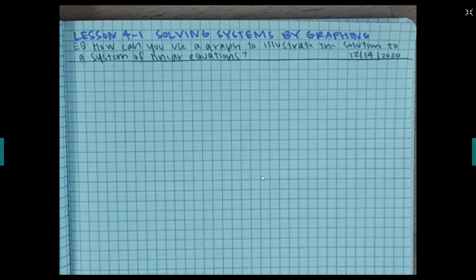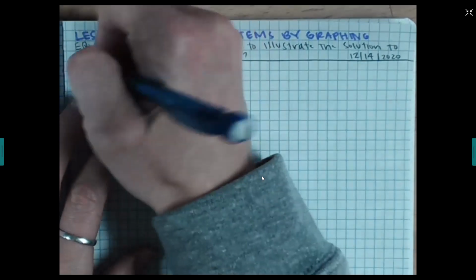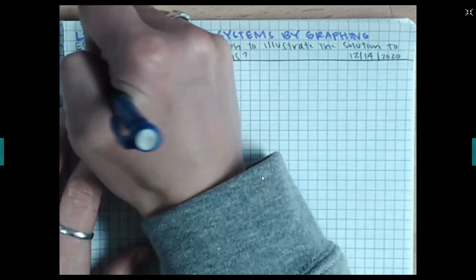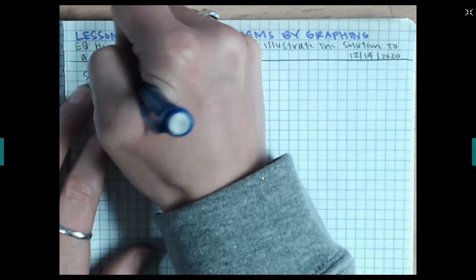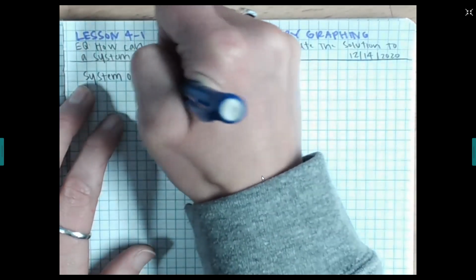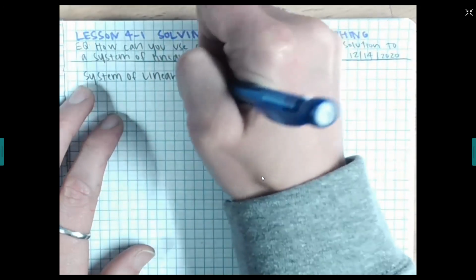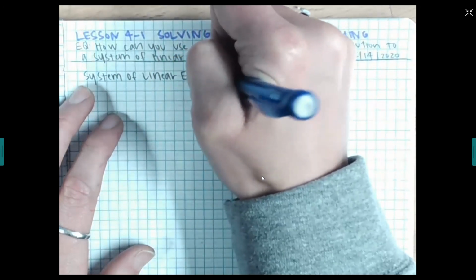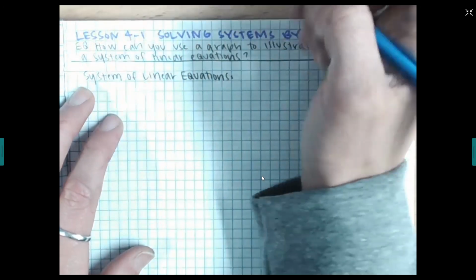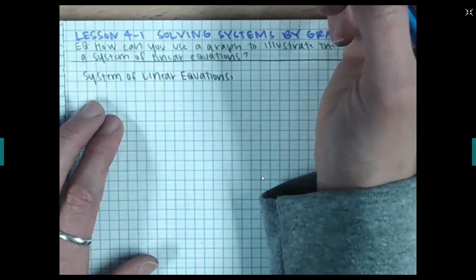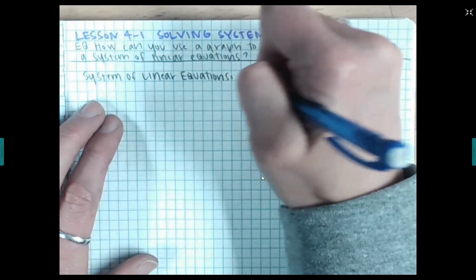So first, I'm going to start by defining what a system of linear equations is. And that is a set of two or more linear equations.